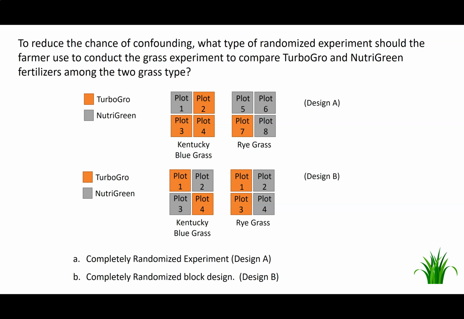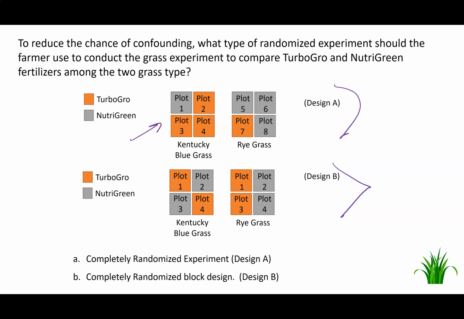The first one is a completely randomized design. That means I had 8 plots, and I randomly assigned 4 of those 8 plots to have turbo grow, and the other 4 had Nutri-Green. But if you look here, it looks like 3 of the 4 plots for the Kentucky bluegrass have turbo grow, and only 1 of them has Nutri-Green, and that could be a problem.